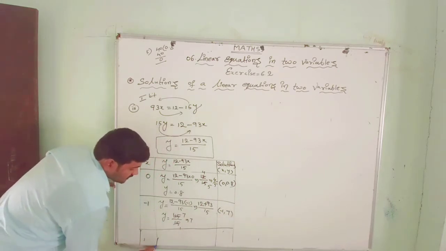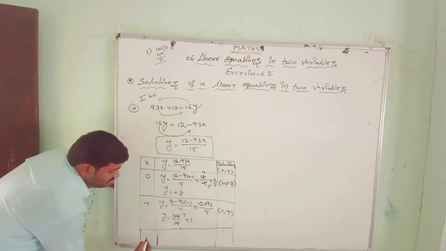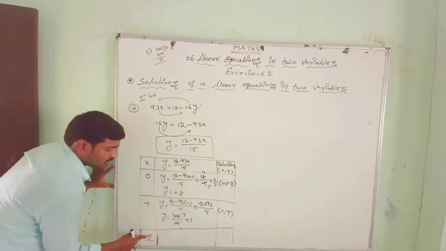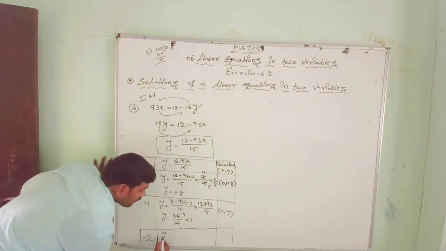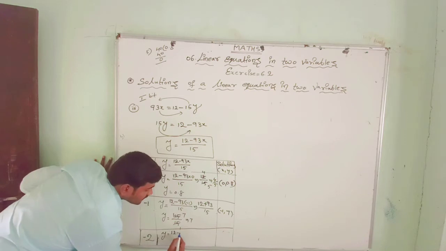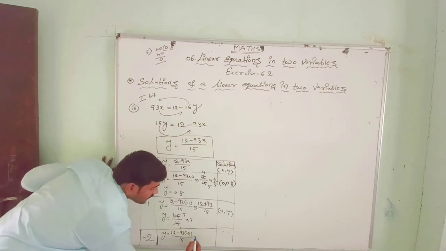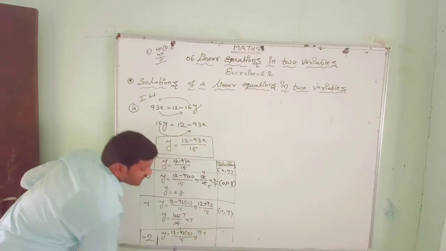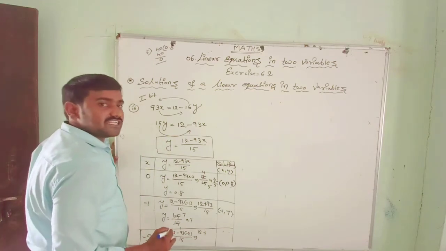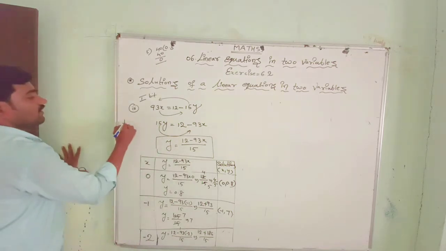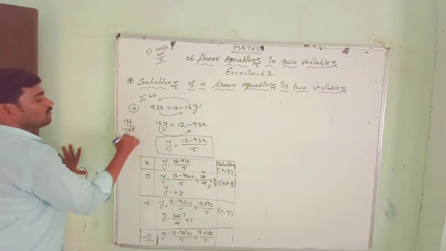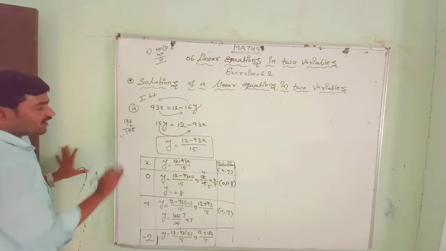In the same way, now I will use x equal to minus 2. Not only that, you can use any number. Y equal to 12 minus 93 into minus 2 by 15, which equals 12 plus 93 2s are 186, so 186 plus 12 is 198 by 15.